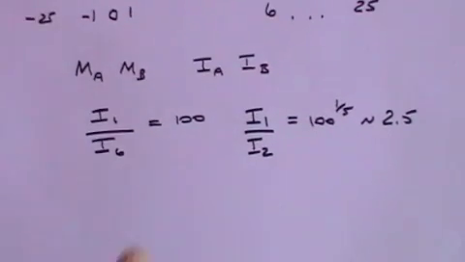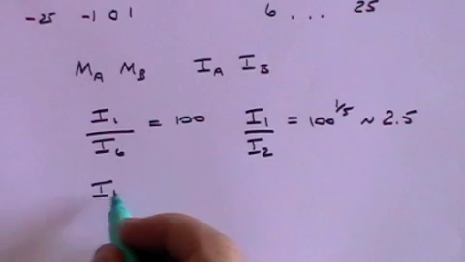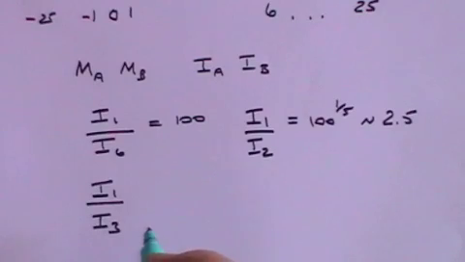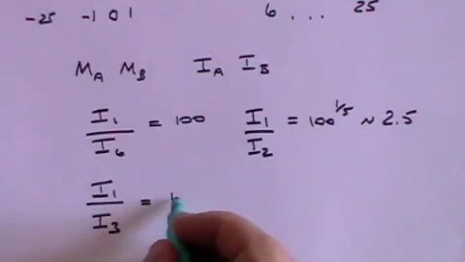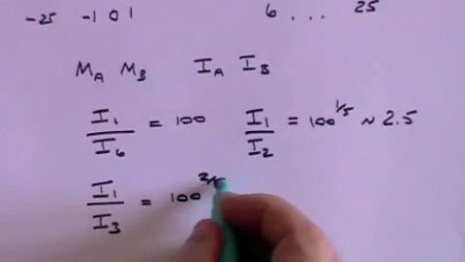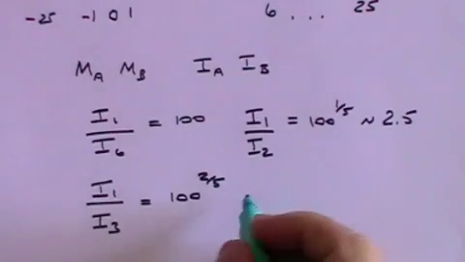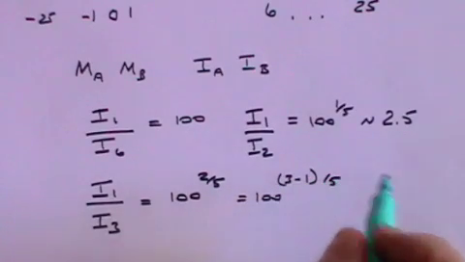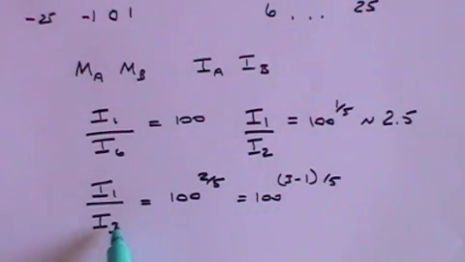The intensity of a magnitude 1 star divided by the intensity of a magnitude 3 star will equal 100 to the 2/5, which is the same as 100 to the (3 minus 1) over 5. In other words, it's that number minus that number, divided by 5.